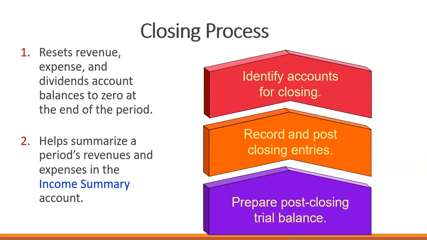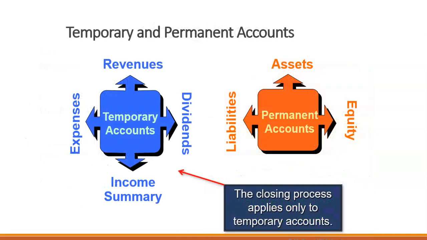They're also called temporary accounts, whereas your balance sheet accounts, cash, accounts receivable, accounts payable, all of those accounts that appear on your balance sheet are called permanent accounts. Okay, so here, temporary accounts and permanent accounts. So the temporary accounts are revenues, expenses, and dividends, and permanent accounts are your assets, liabilities, and equity that are all listed on your balance sheet.